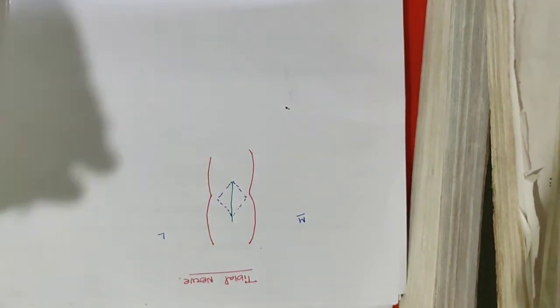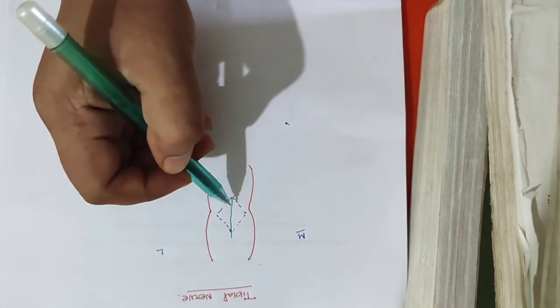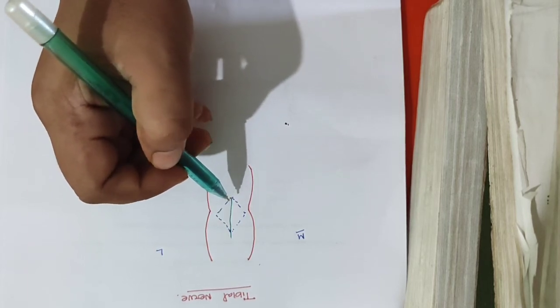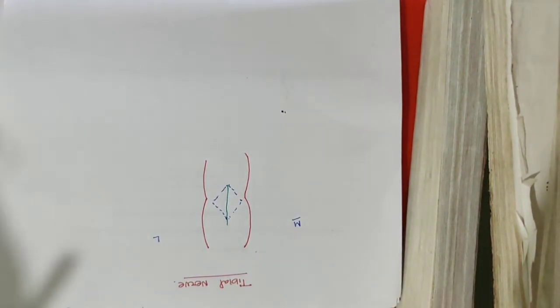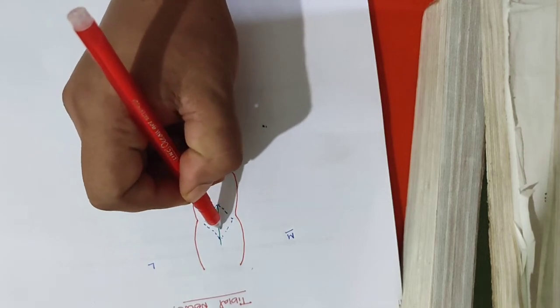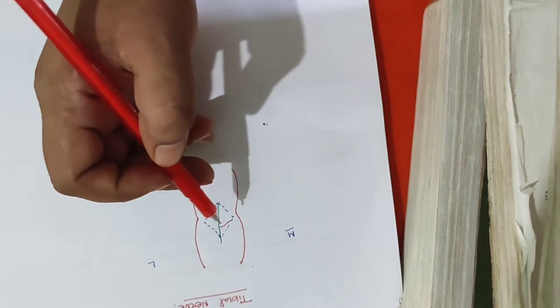In the popliteal fossa, the tibial nerve enters at the superior angle and runs into the inferior angle of the popliteal fossa. Here it gives 3 genicular branches.